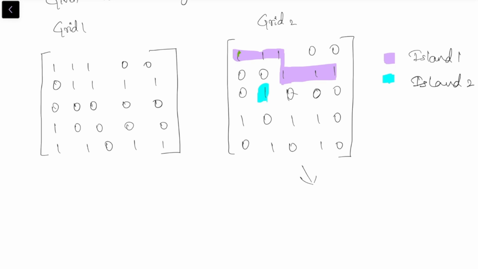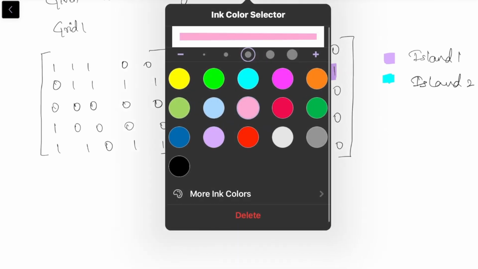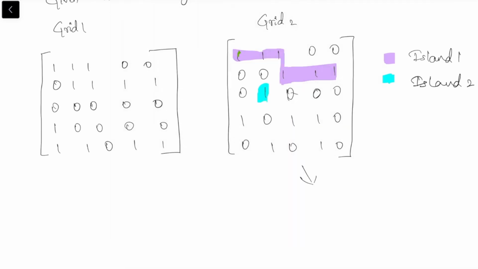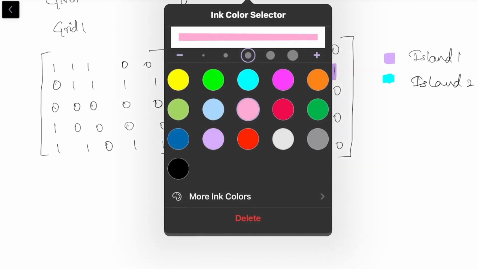Okay. Now what we need to do is find all the islands in grid 2. This is one island. This is one other island. This is one other island.